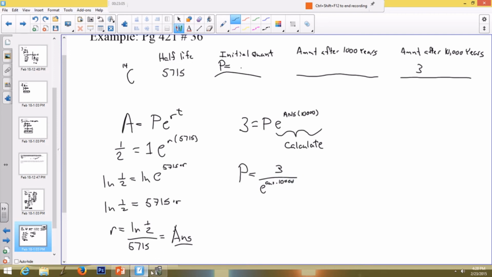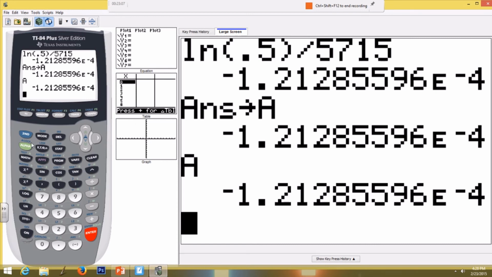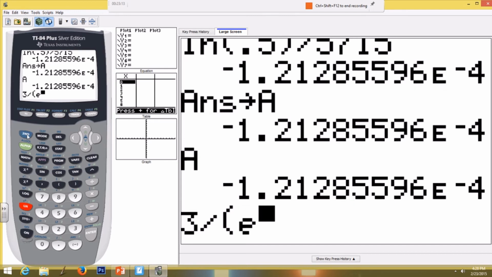Fairly straightforward. So I go to my graphing calculator. I go 3 divided by the quantity, second, E, and I don't need second, I need alpha A, that's this number, times 10,000. Then we close that parenthesis and hit enter.